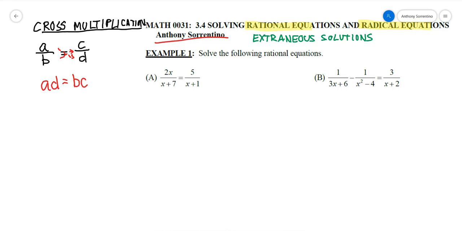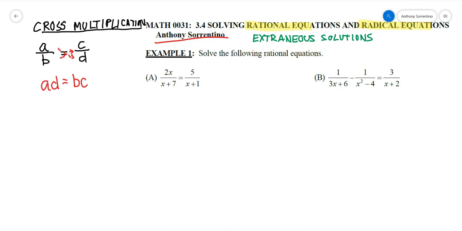Now when I go through and do the procedure for this, A, B, C, and D could have one or two or even more terms in them. So I have to be aware of that as I do it. So the first one, I do have a single fraction on the left, I have a single fraction on the right. It's already set up to do cross multiplication.